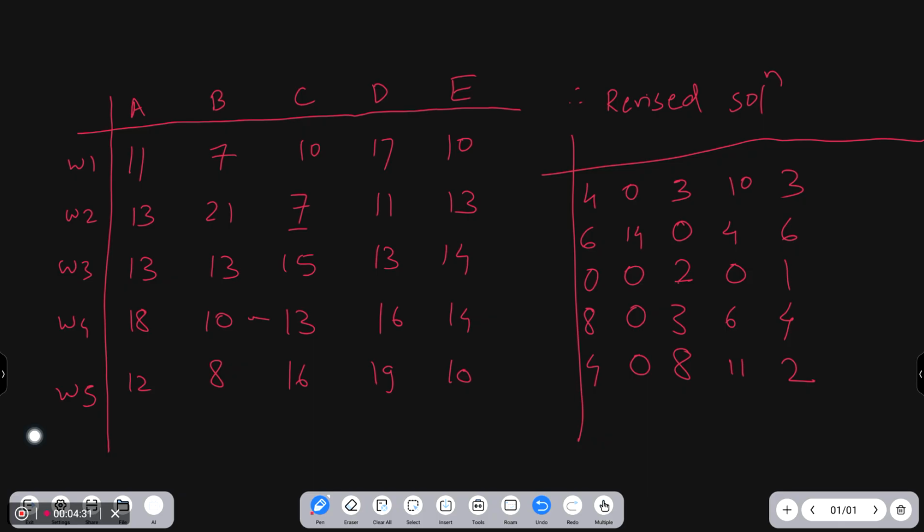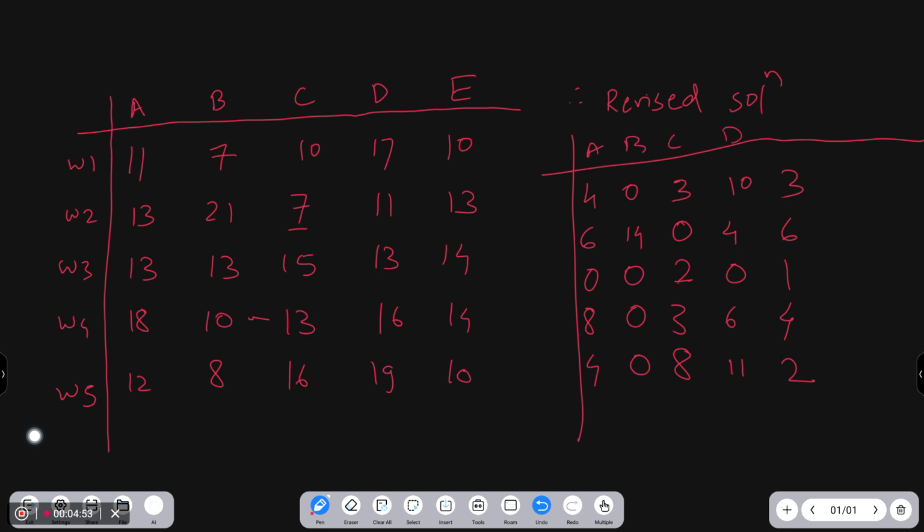Now, what is the next step? The third step, you have to observe any column which does not contain a 0. Here the first column contains 0, the second also contains 0, the third also, then the fourth, but the fifth one is not there. So what is the next process?